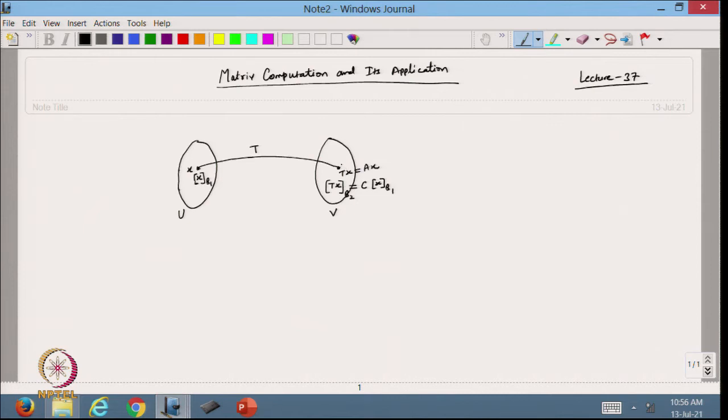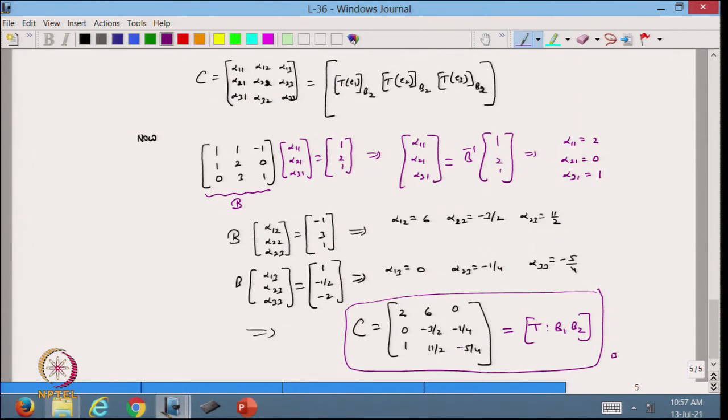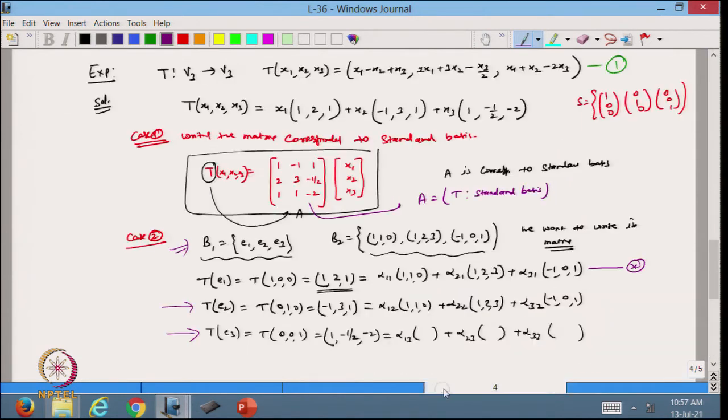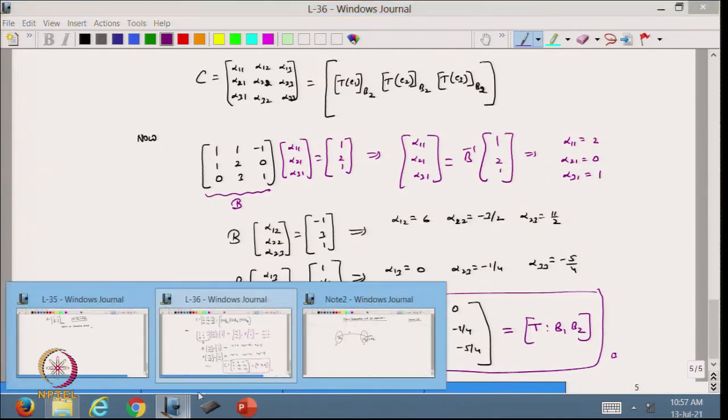So this is the relation of how the matrix will change with respect to the new basis. So let us verify this one. This is my matrix C, and this is the corresponding matrix.